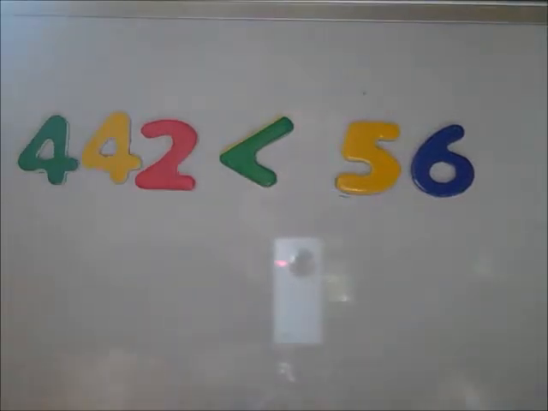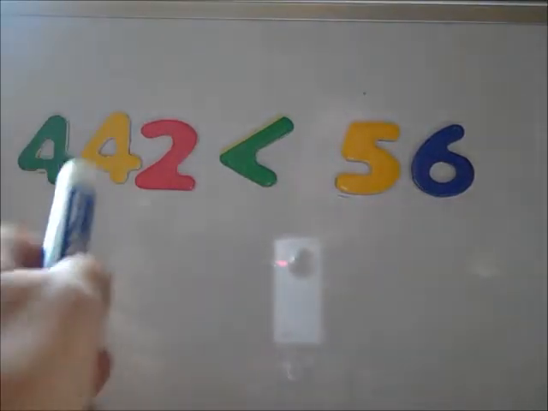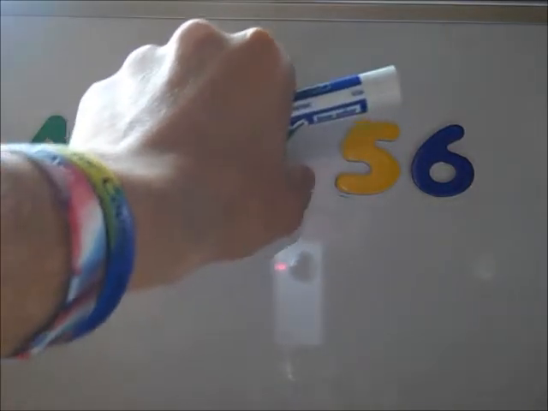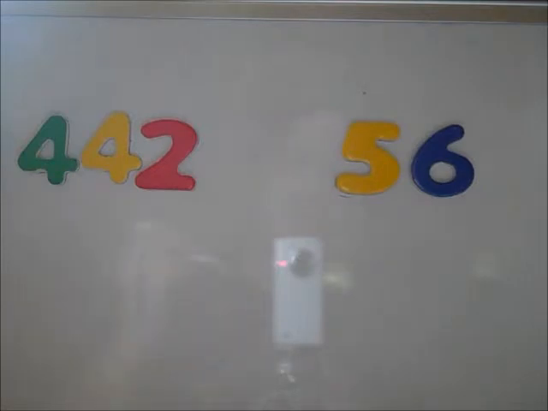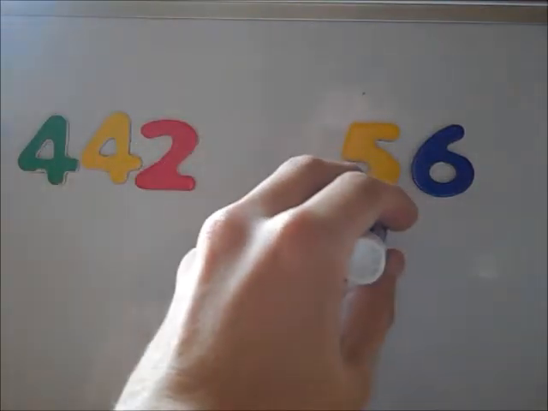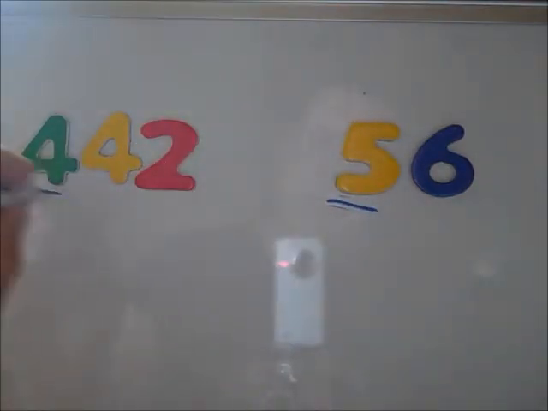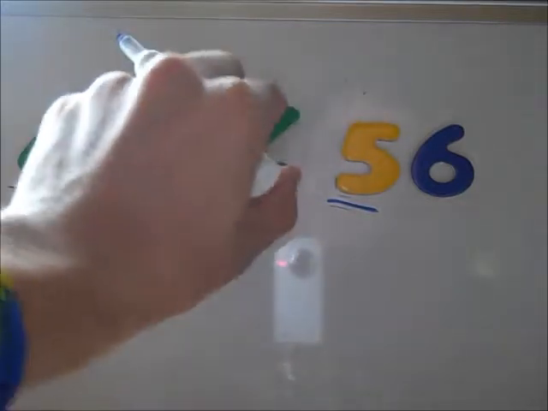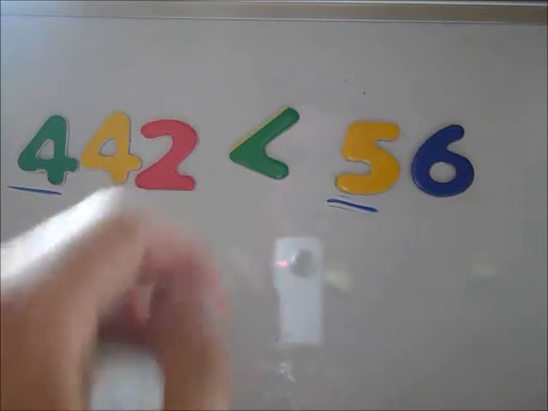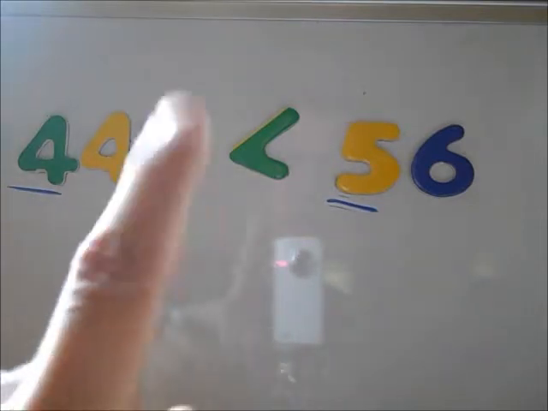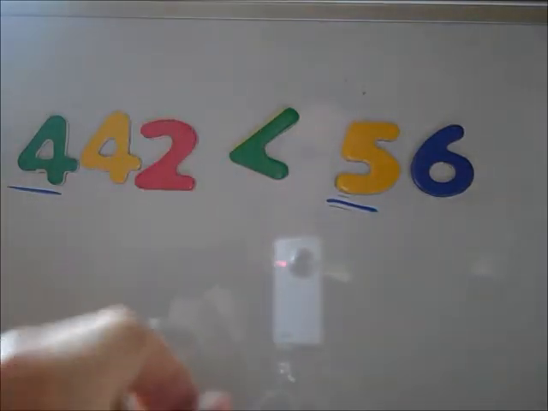Now, what happens when you have a number like this? We have the number 442. We take that off of there, and we compare that to 56. Well, if we're looking at the number furthest to the left, this is a 5, and this is a 4. So we should think to ourselves, oh, that's easy, the 5 is bigger than the 4, so we're going to put the greater sign towards the 5. But wait a minute.